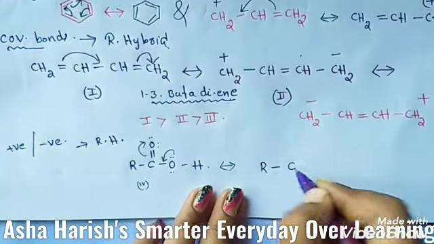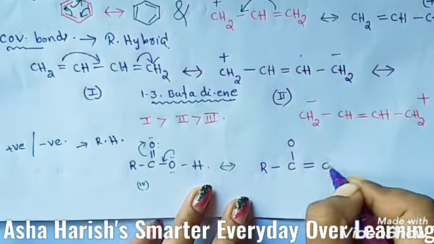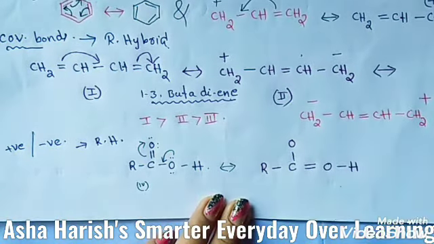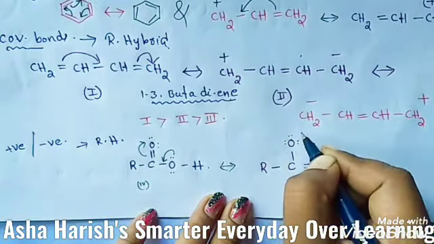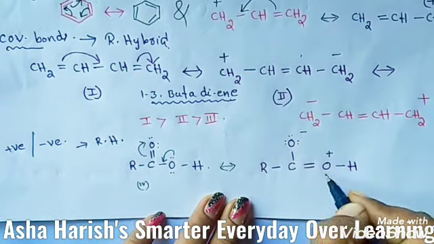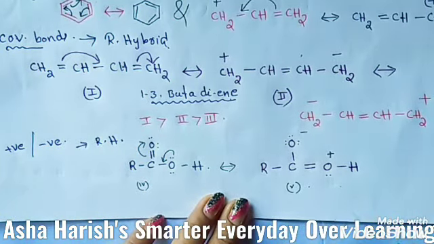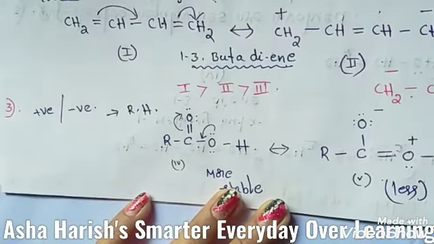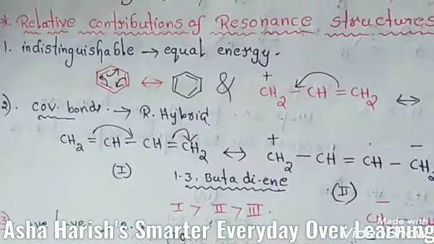R single bond C single bond O double bond O, here H, and coming to electrons 1 2 3 4 5 6 electrons with this negative charge, and here with positive charge only 2 lone pair of electrons. This is number 5. This is rule number 3 in the relative contributions of resonance structures.